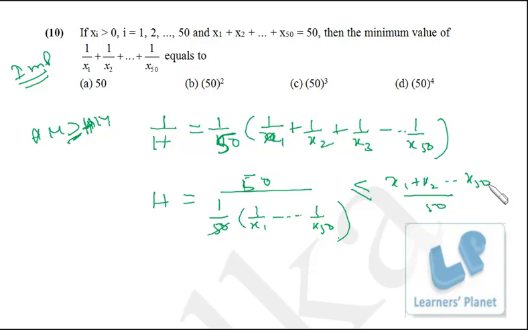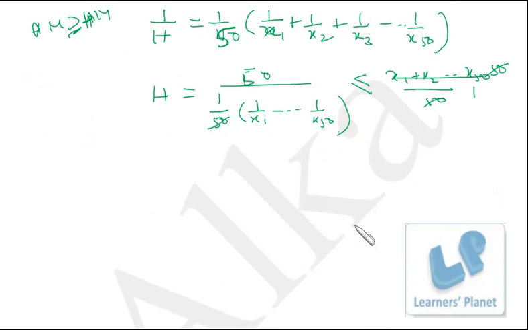This total is already 50, so 50 by 50 is equal to 1. Now if we go for cross multiplication, 1 upon x1 plus 1 upon x2 till 1 upon x50 is greater than or equal to 50, because this term will go over here.